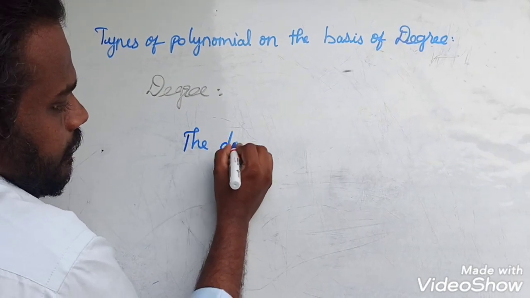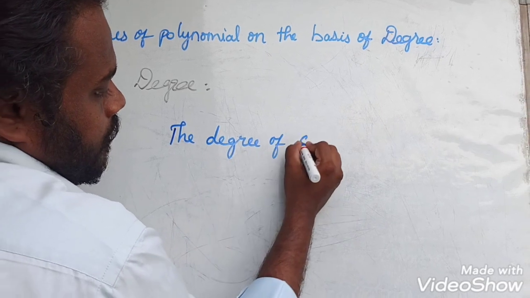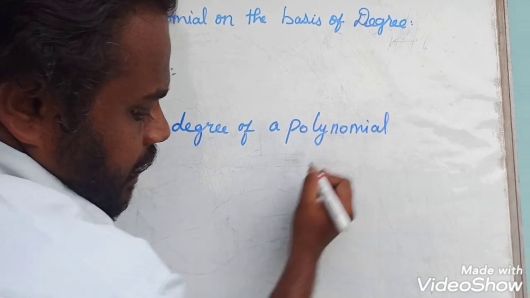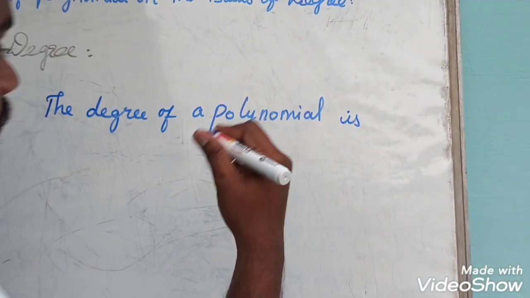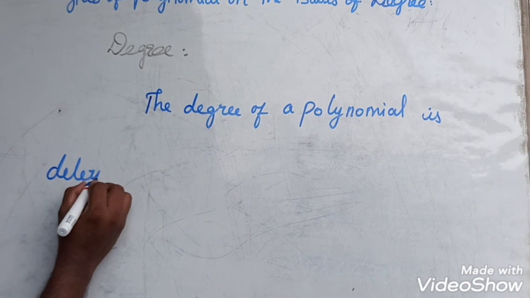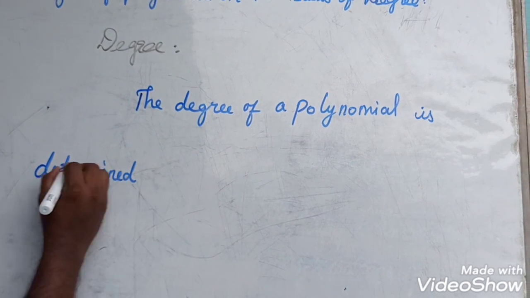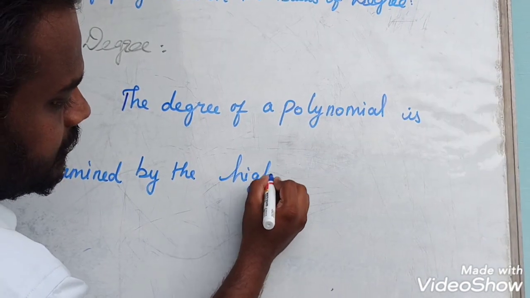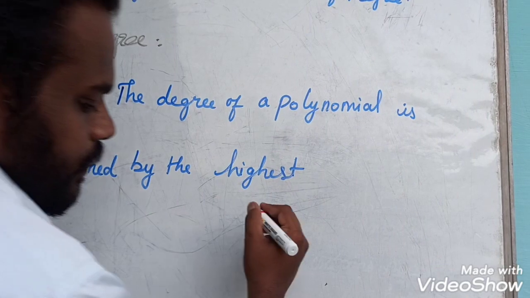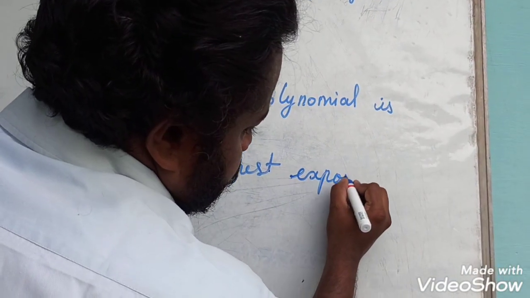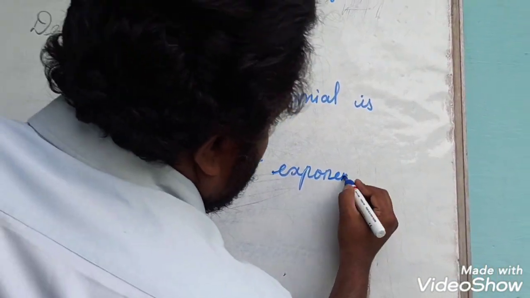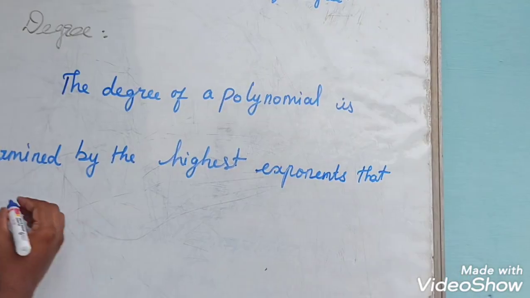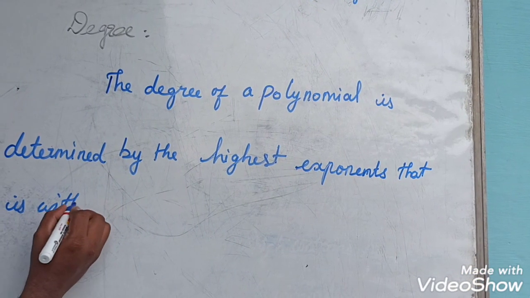The degree of a polynomial is determined by the highest exponent that is with a variable.